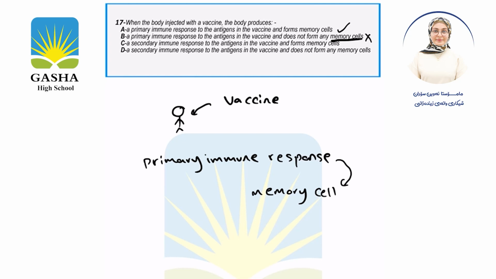C, a secondary immune response to the antigen in the vaccine and form memory cell. This is false because it's talking about secondary immune response, which does not happen in a vaccine. D, a secondary immune response to the antigen in the vaccine and does not form any memory cell. So this one also is not true. So the most true answer is A.